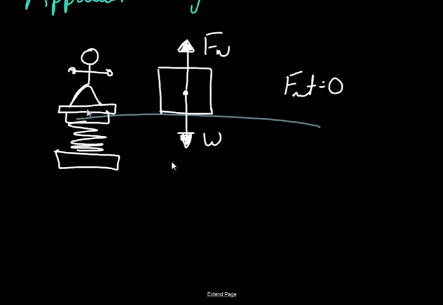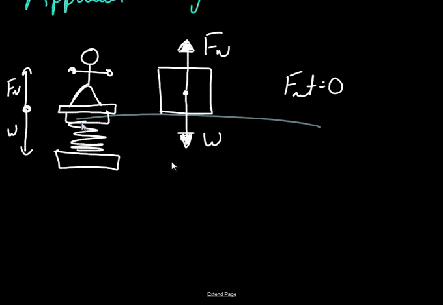So the weight of the person pushes down on the spring, but the spring pushes back up on the person. So if you step onto a spring like this, or like the springs inside your scale, they sink down. They're connected to a little readout. They sink down, and you end up with this balance where the spring force and the weight become equal to one another. Does that make sense?